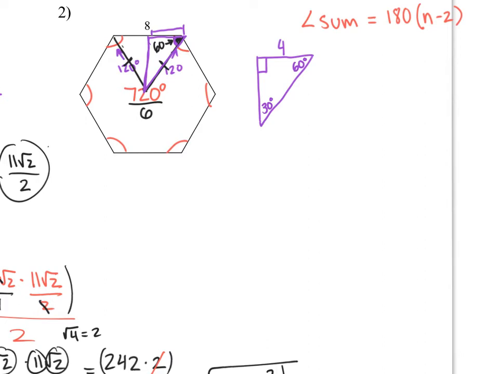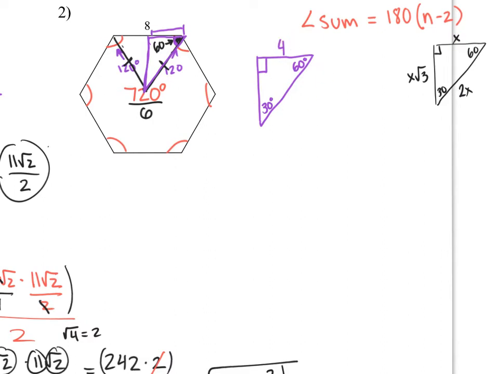We have a special right triangle, so we can use our little formula. The side across from 30, we consider that to be x. The side across from 90 is 2x, or 2 times that side. And then the side across from 60 is x root 3. So to find these other pieces of the triangle, I have the x piece. I have this piece here.